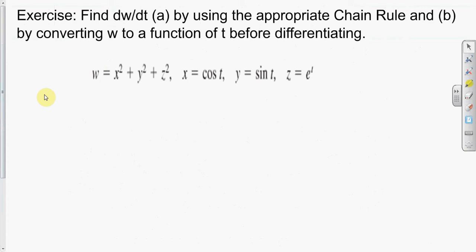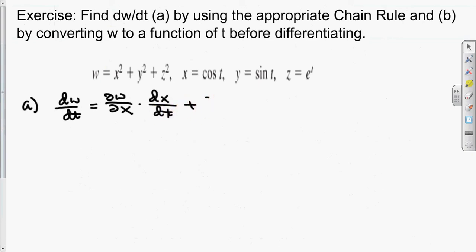So first part A, I do one, then I give you one to do. So we're looking for dW over dt. This is the partial of W with respect to X, times the derivative of X with respect to T, plus the partial of W with respect to y times dy over dt.